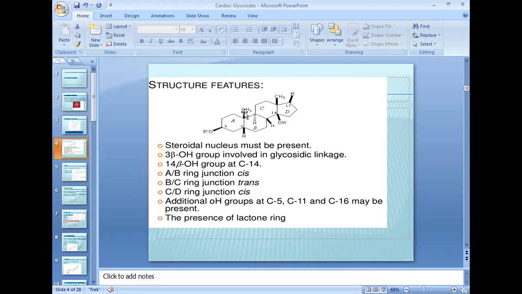While in cis fusion, both are on the same side of the plane of paper because one is attached at axial position and the other at equatorial position.